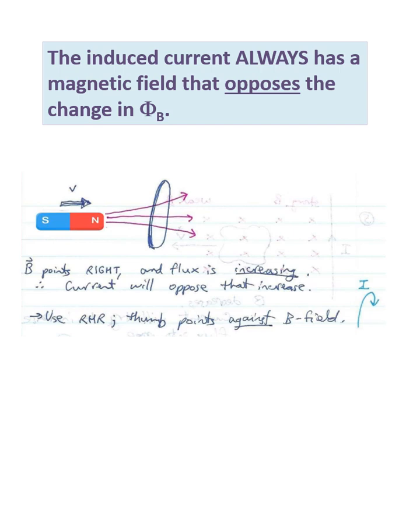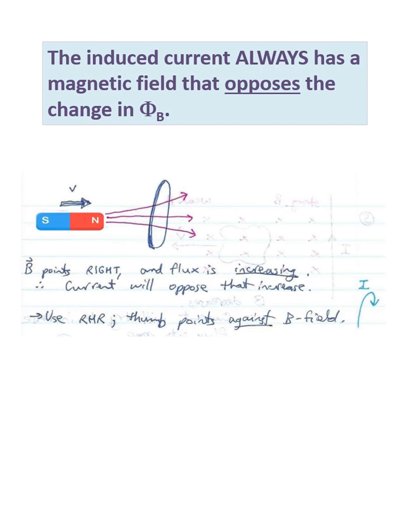Now, as we move the magnet towards the loop, the magnetic field in the loop is going to get stronger because it's stronger as you get closer to the North Pole, which means the flux is going to increase. So as we look at this motion, the magnetic field is pointing to the right and the flux is increasing.